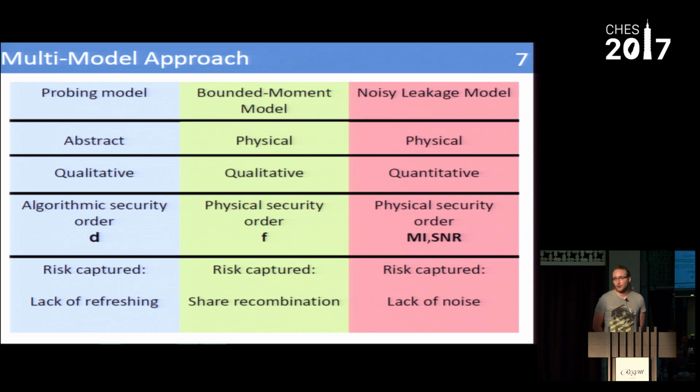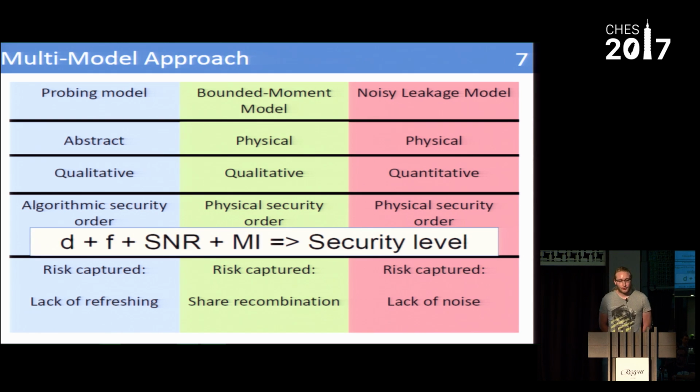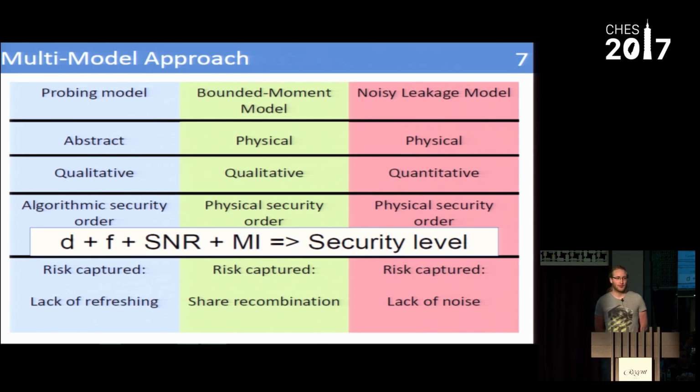From the noise we can measure on the device, and from the mutual information we can measure for the encoding, we can have some bounds on the number of samples we need. In the end, what we want to do is to gather everything, the algorithmic security order, the physical security order, the noise, which is given by the SNR, and the mutual information, to have an actual security level of our implementation.